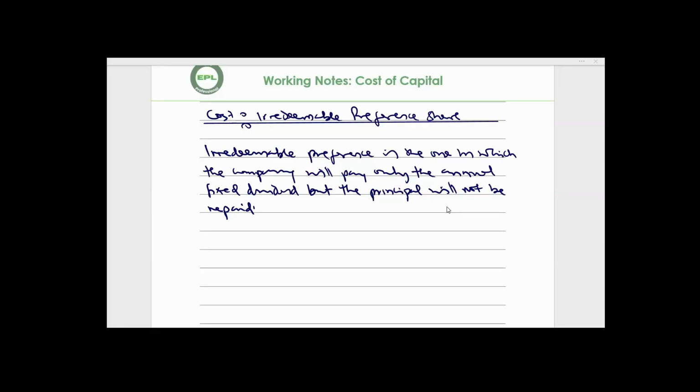Say, for example, a company is owing preference shareholders 10 million naira. After the company has been liquidated, you dispose of the assets and realize, let's say, 30 million naira.